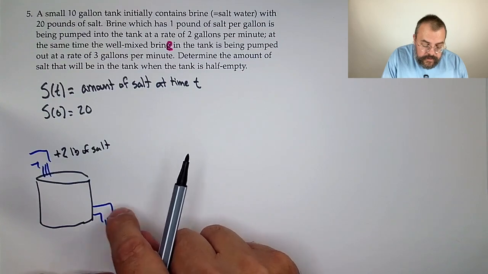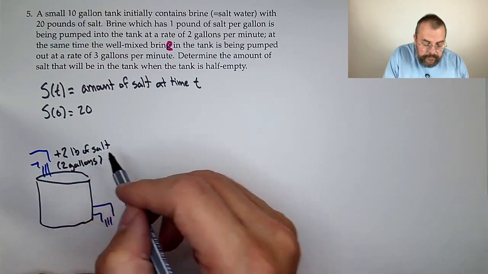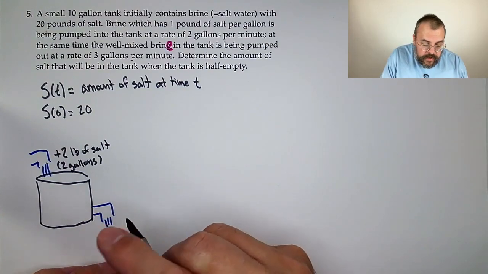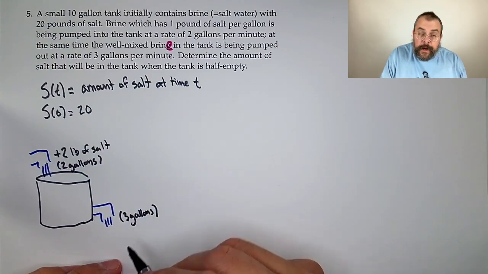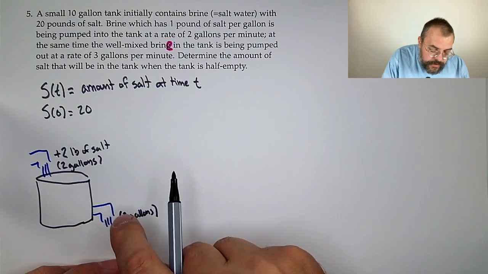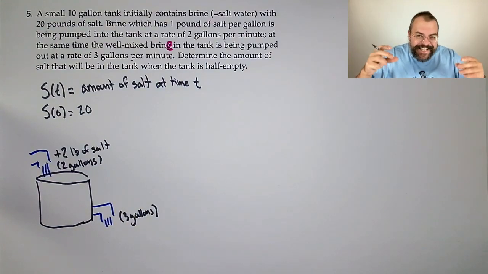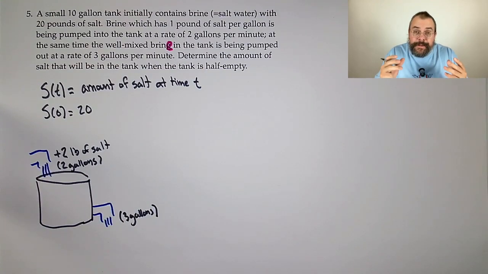Now our outflow, okay, we'll just make a little note here. There's 2 gallons. Now our outflow is what? Well, we're flowing out at 3 gallons. And, well, how much do we lose? Well, okay. Sorry, I want to go slowly here because I don't want to make mistakes.